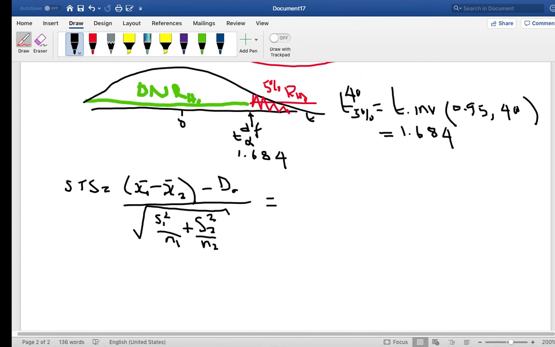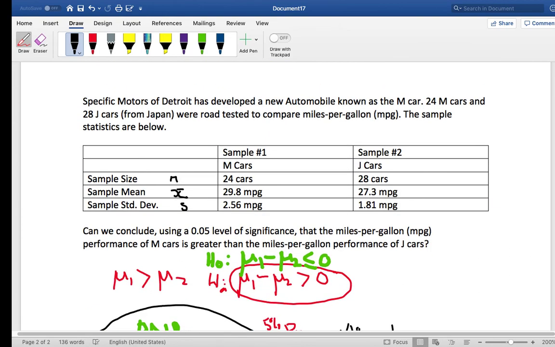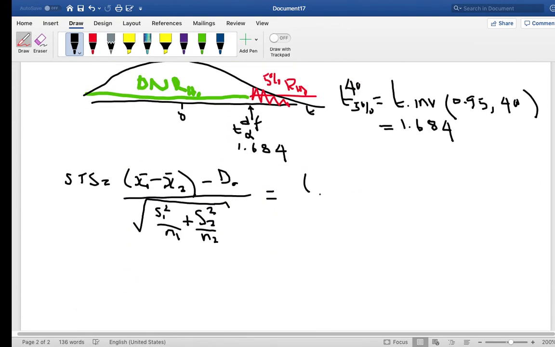So to put that data in, x1 bar is going to be 29.8. Just check, make sure that's right. 29.8 minus 27.3.